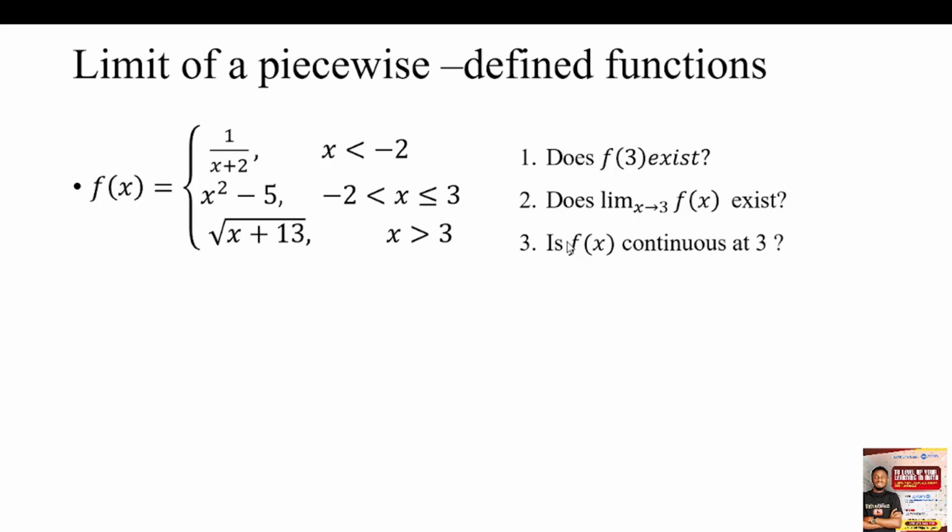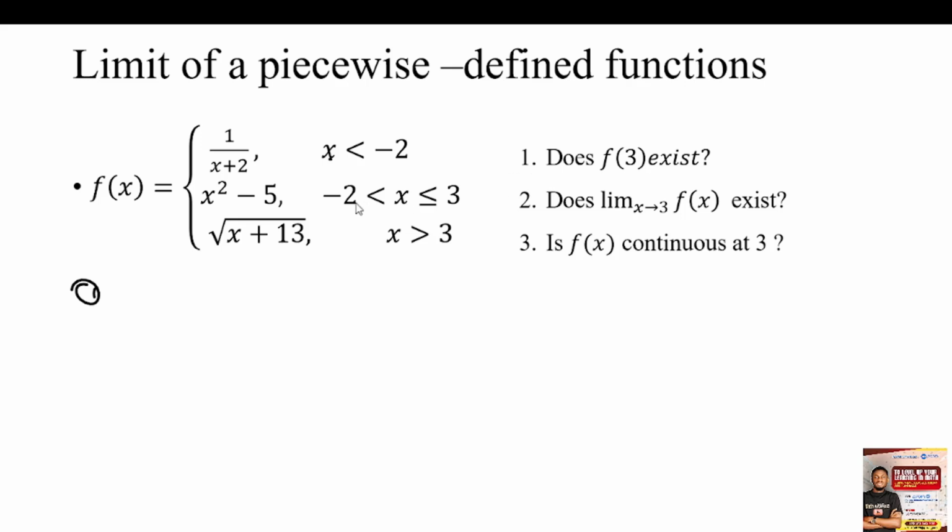So in this case, the first question: does f of 3 exist? Or is the function defined at 3? When we check, which of these conditions or domains has x equal to 3? When you check the first part of the function, x is less than negative 2, so this one does not satisfy our first question.